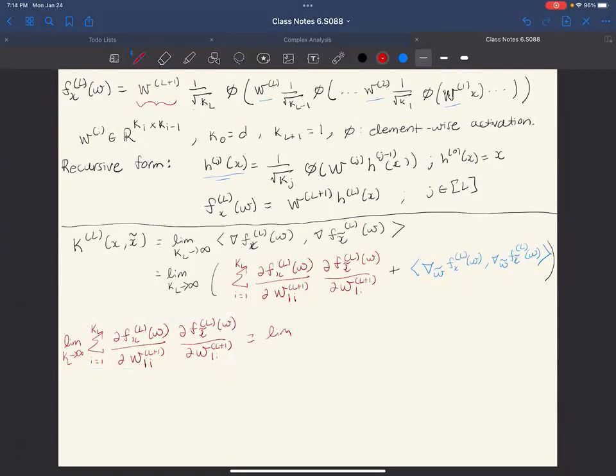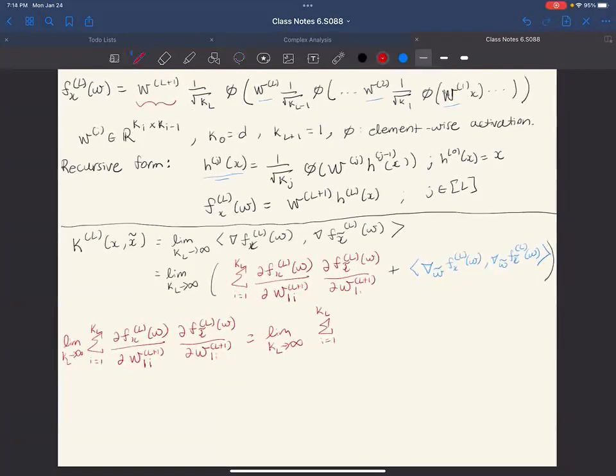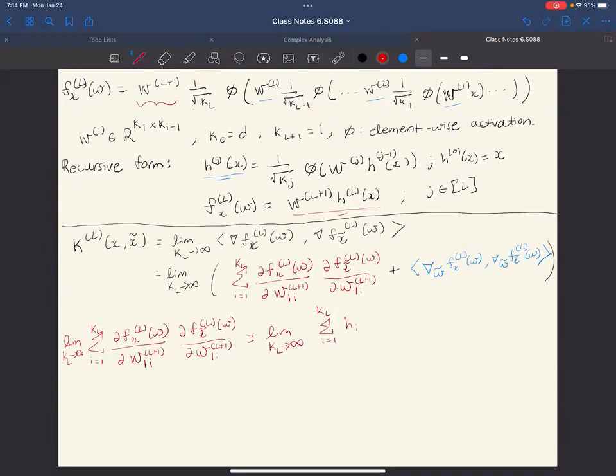Oh, sorry, with respect to these outer parameters, W at L+1. Well, if we're looking at this definition of F here, you see that it's just exactly the ith value of H^L of X times the ith value of H^L at X tilde. Okay, so this looks like an inner product of H^L of X and H^L of X tilde.